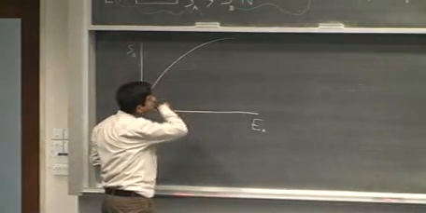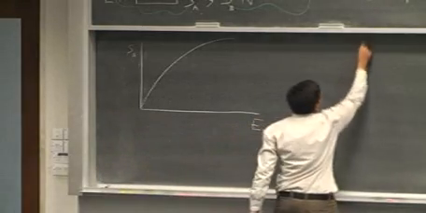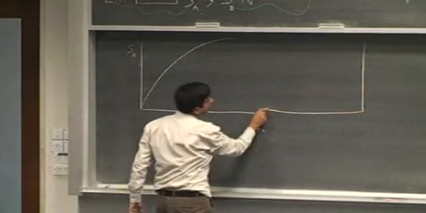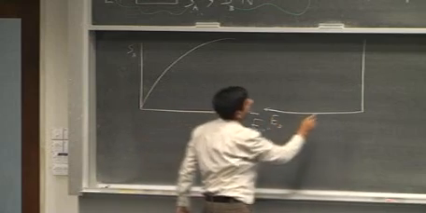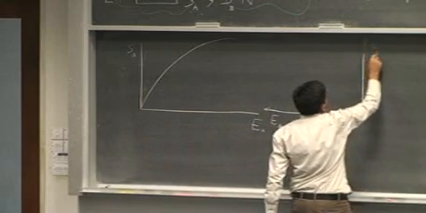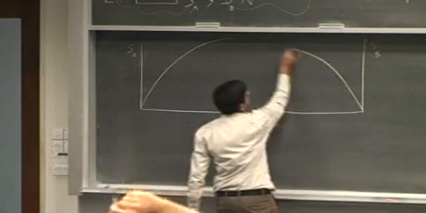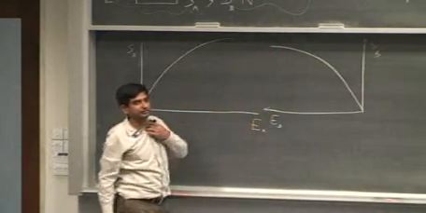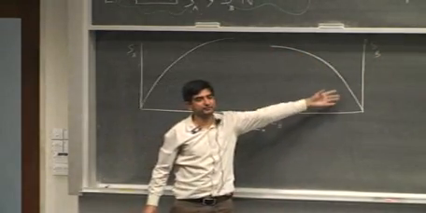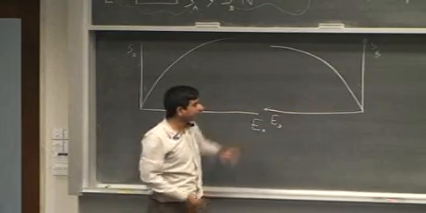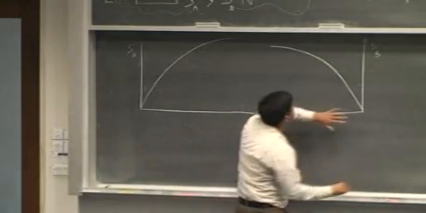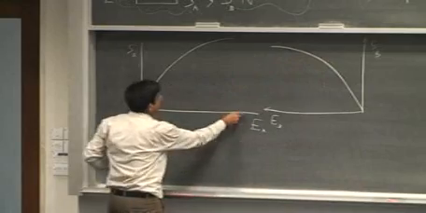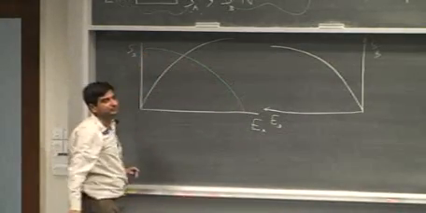If I take this to be the EB axis and this to be the SB axis, what is this slope? Is this slope positive or negative? It's positive. So what I'm really doing is that I'm plotting this graph on top of this graph.